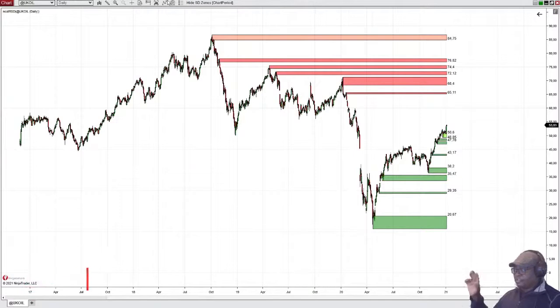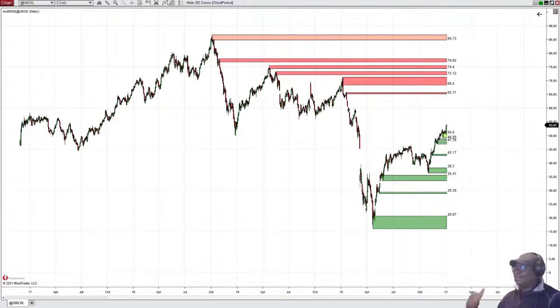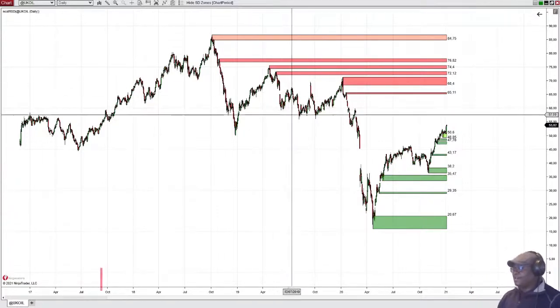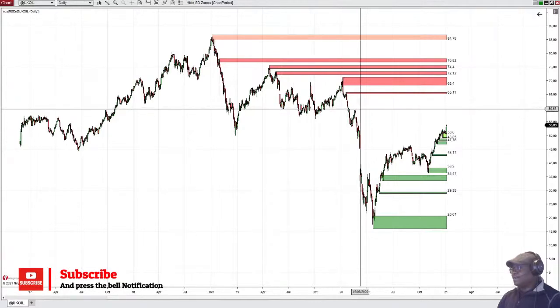Let's talk about support and resistance. You're going to have a resistance here, and you're going to have another one here.